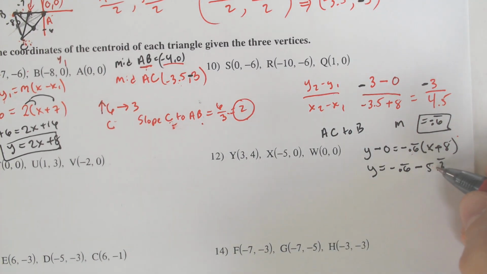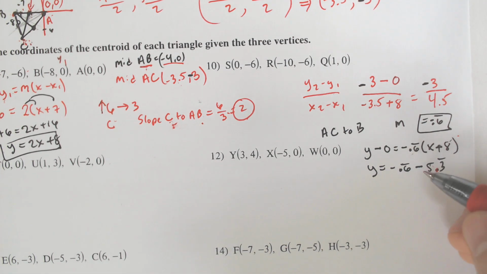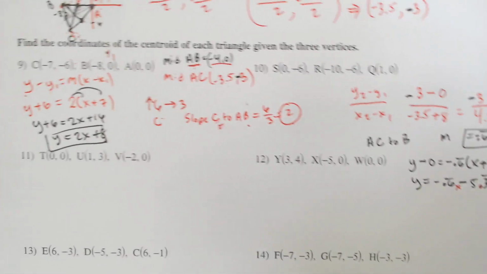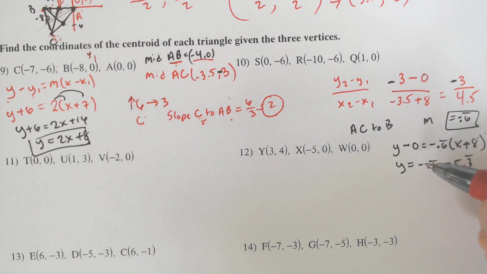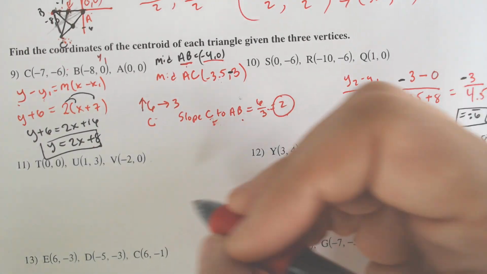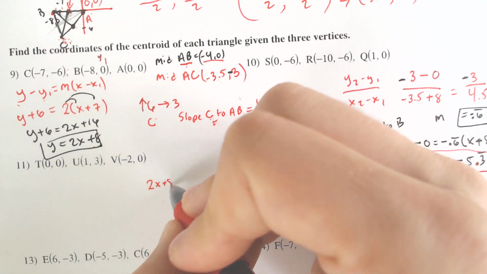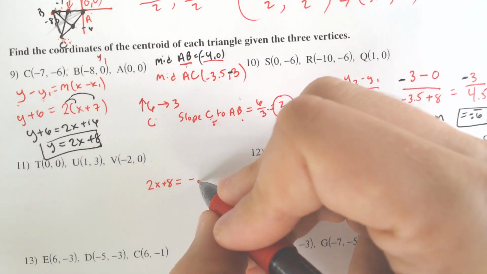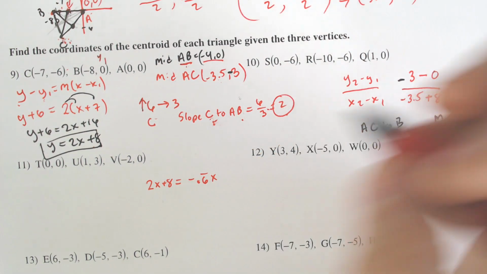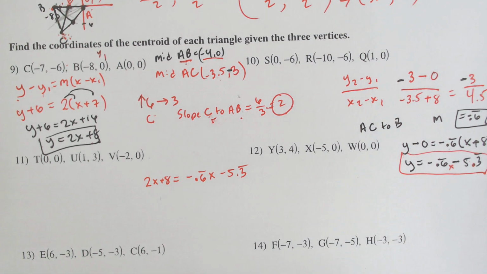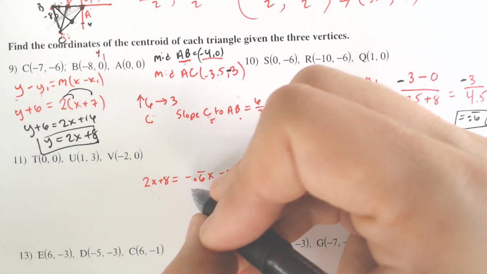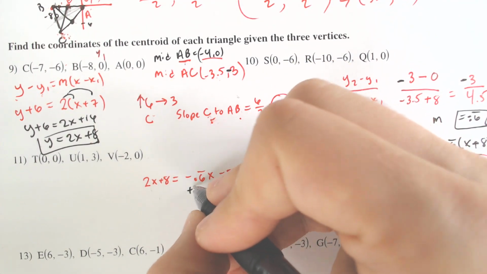Okay? Now that we have both of the equations, we need to set them equal to each other. We got 2x plus 8 equals negative 0.6 repeat x minus 5.3 repeat. Let's solve the equation. We got to add the 0.6 repeat x over.